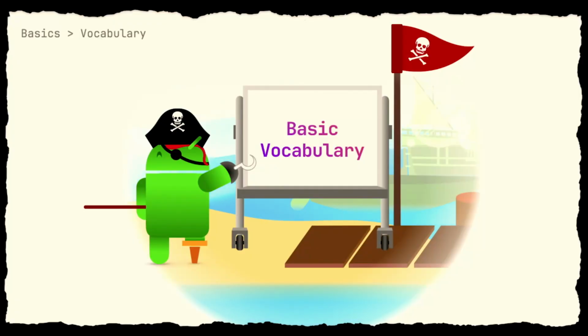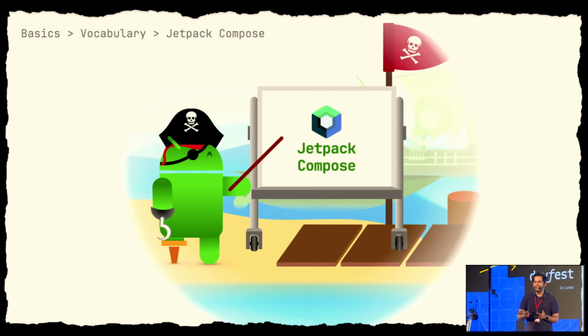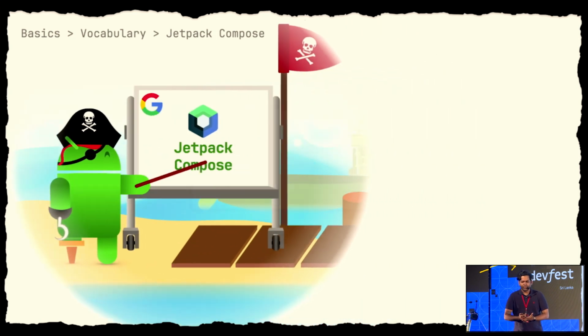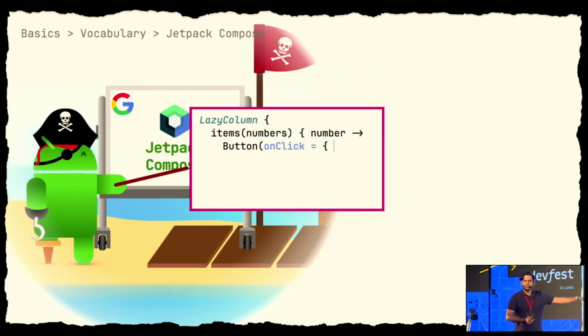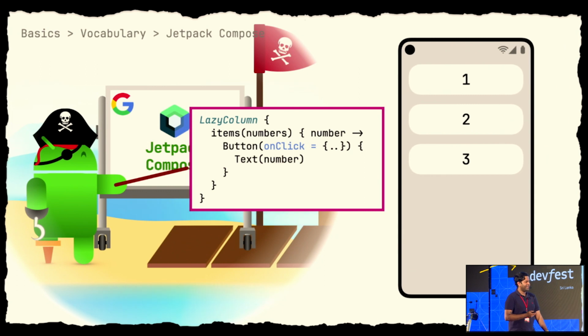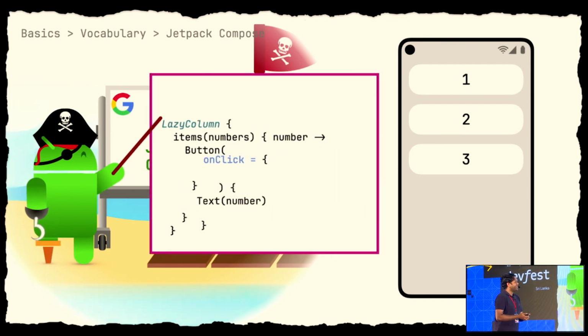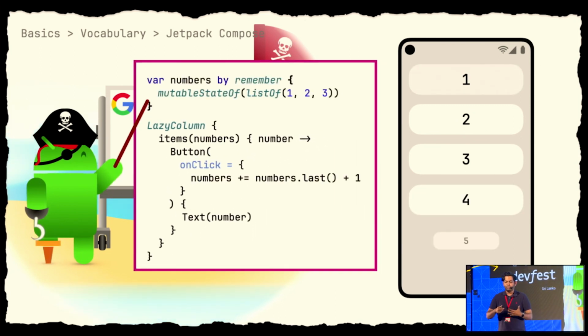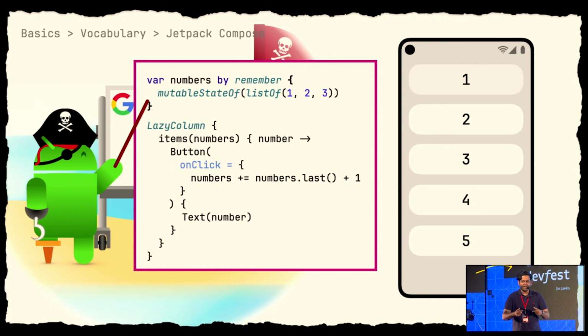Or let's learn about these terms, I guess. Jetpack Compose is Google's native Android development toolkit. What that lets you do is write some code that looks like that and gives you UI that looks like that. Everyone on board? It also has state management built right into it, so you can declare what the final state looks like, and the UI will compose itself to achieve that final state.